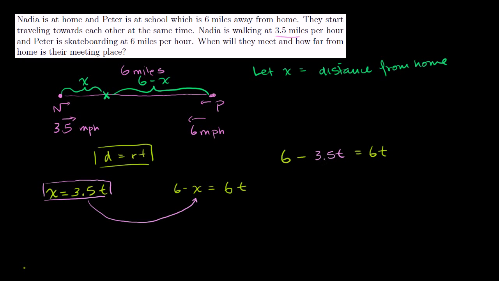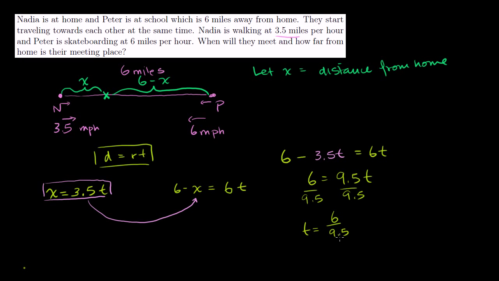And then if we add 3.5t to both sides of this equation, we get 6 is equal to 3.5t plus 6t, which is 9.5t. If we divide both sides by 9.5, you get t is equal to 6 over 9.5 hours, which is a bit of a bizarre number.